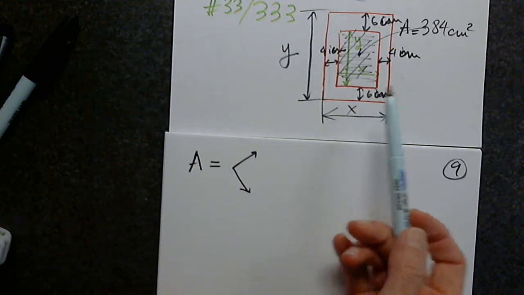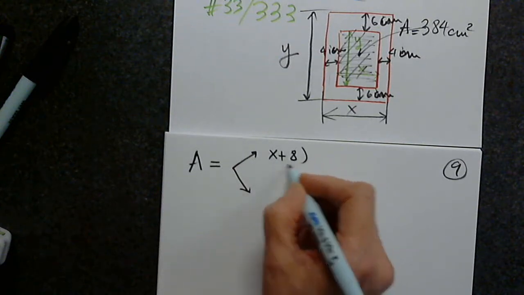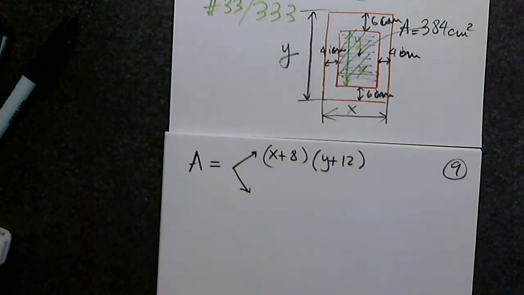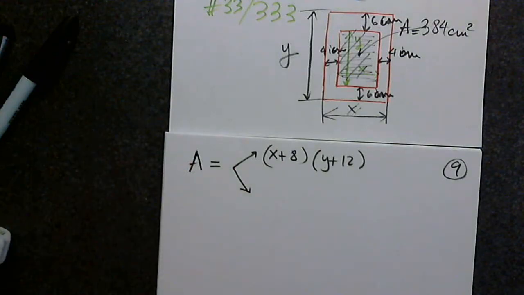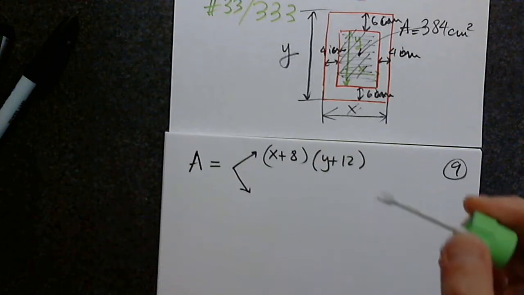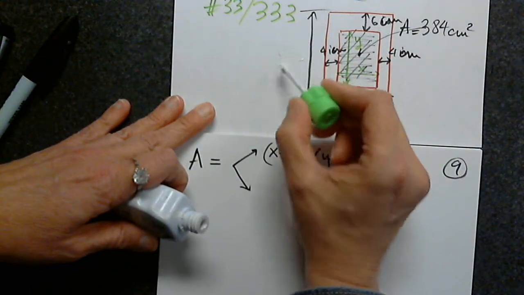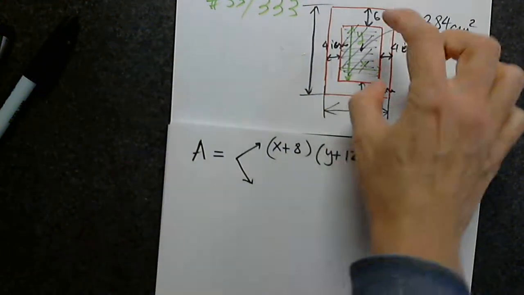One option, which I think is better, is to say that the area is x plus 8 multiplied by y plus 12. And not denote this by y and this by x, but denote the printed region, length and width, whatever you want to call it, it doesn't matter, as x and y. So x times y.